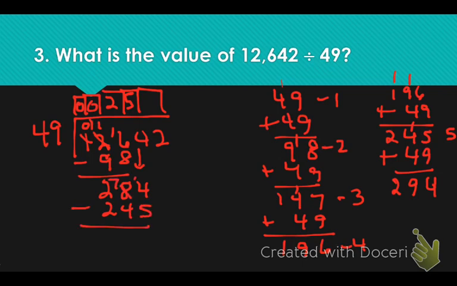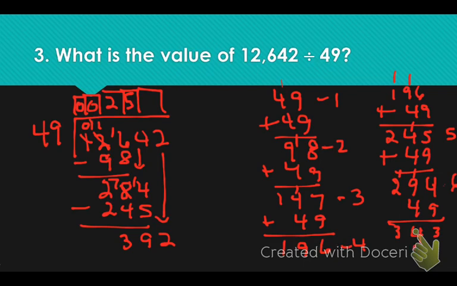Subtract. 7. It's 9. 39. 39 is smaller than 49, so I bring down the 2. 392. I'm only up to 294, so I'm going to do another 49, which obviously this is 6. 343. And that's 4.